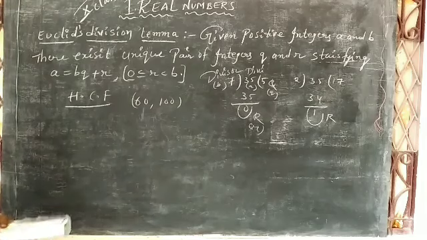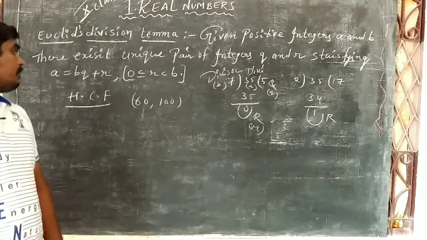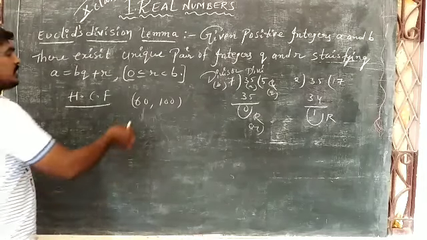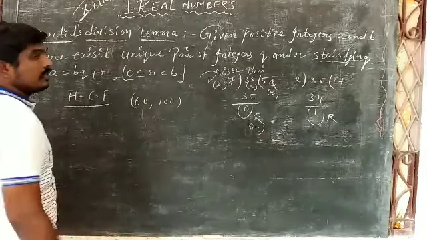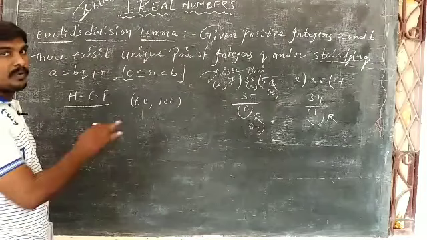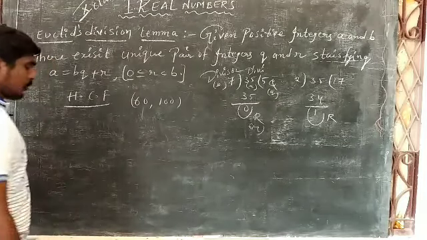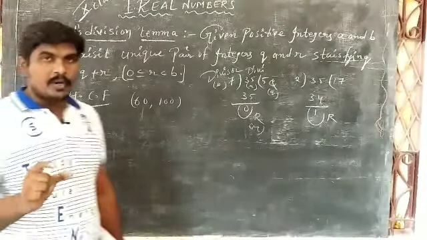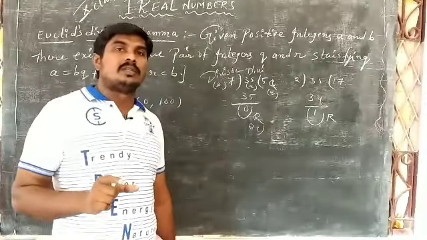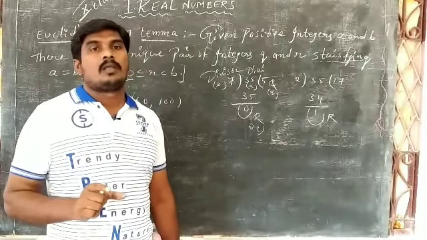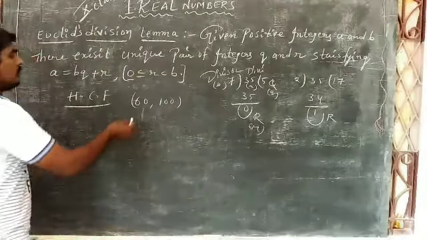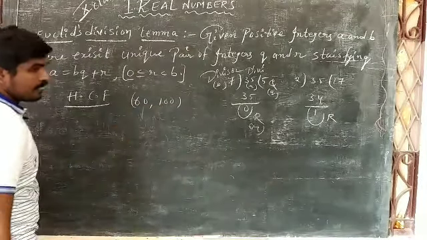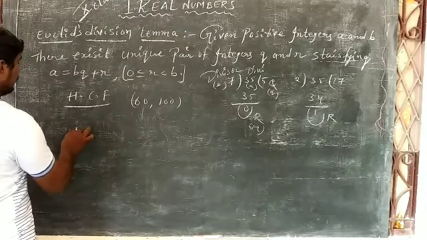Here 60 is a composite number, 100 is also a composite number. So let us find out. If you want to find out the HCF of any two composite numbers, in these two numbers, the bigger number we have to take as the dividend.